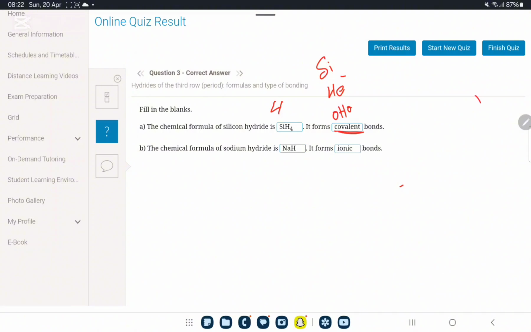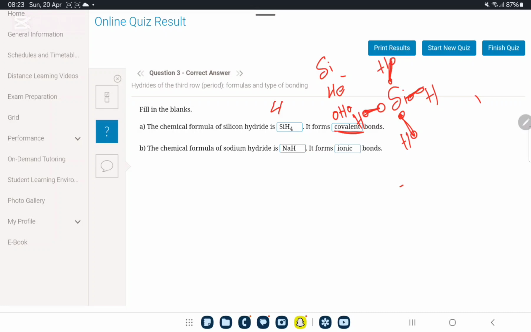So Si needs 4 and hydrogen needs 1 and can only share 1. So how many hydrogens do we need to fill all of the spaces for Si? We need 4 hydrogen. It's going to be Si with 4 valence electrons, H here, H here. Each one has 1 valence electron, and is going to bond to that 1 valence electron, like that. H can only share 1 because it only needs 1, and Si can share 4 because it needs 4.